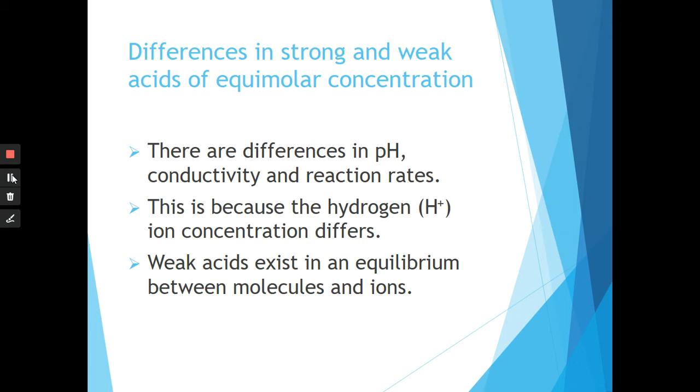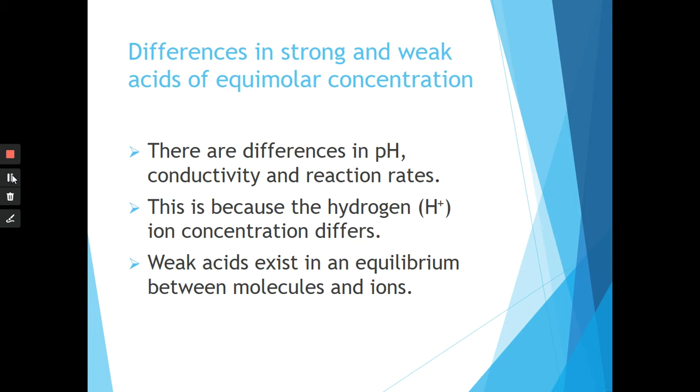Therefore, I'm going to have a pH of a strong acid, which is around about 0, 1, or 2 on the pH scale. If I've got my weak acid, I'm going to have molecules present. I'm not going to have anywhere near as many ions present. This means they'll be harder to detect, and overall, there will be less hydrogen ions. Therefore, my pH is far closer to 7. My pH of a weak acid is 6 or 5 usually.